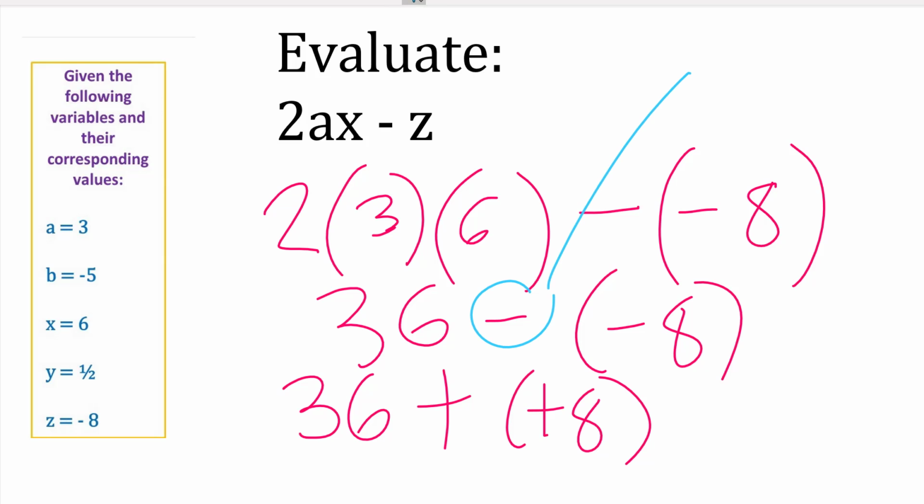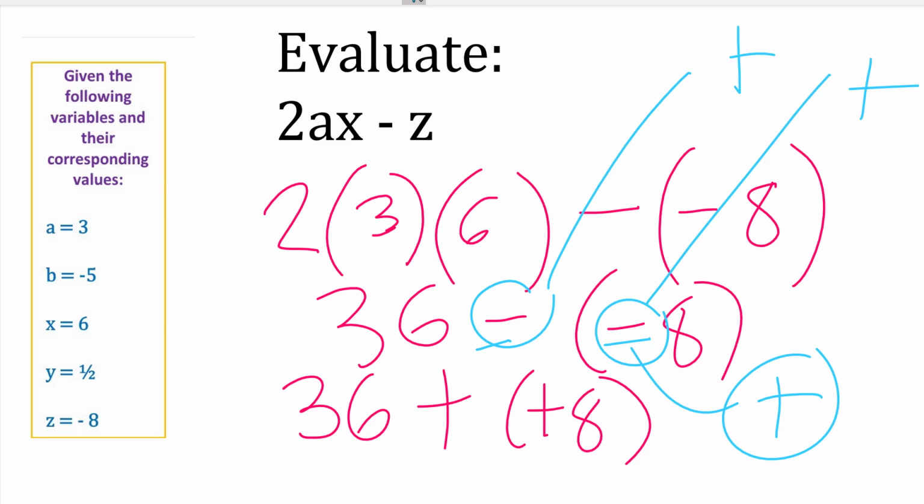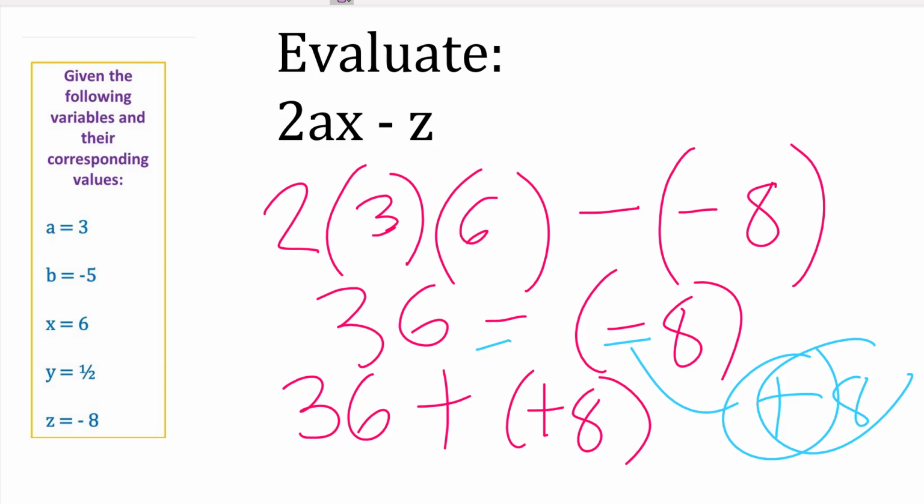Remember, we change the sign here to positive, and here also to positive, because when you deduct a negative, you're actually adding a positive. When you have minus negative 8, you're actually adding positive 8. So a minus and a negative make a positive. If you work through your number line again, you'll realize that when you subtract a negative number, you're actually adding. That's just to remind you of the things we have discussed before, so let's not be confused about it.